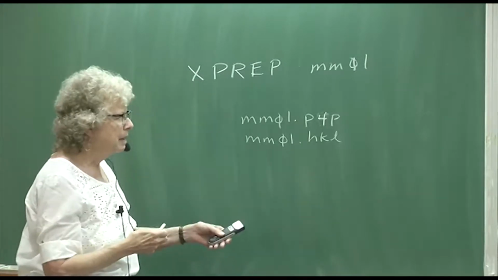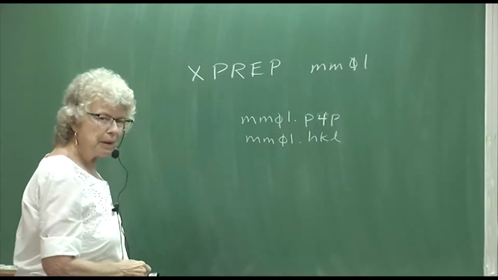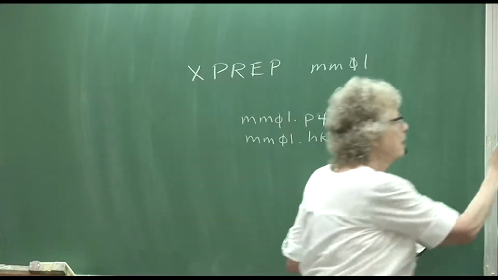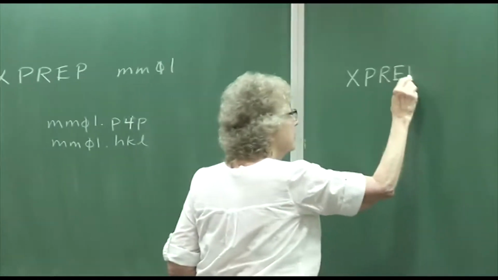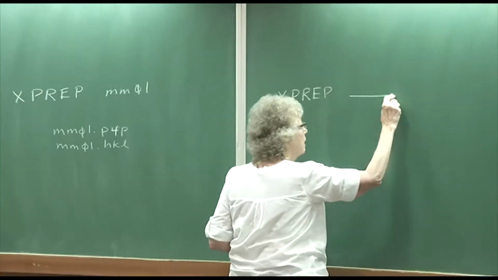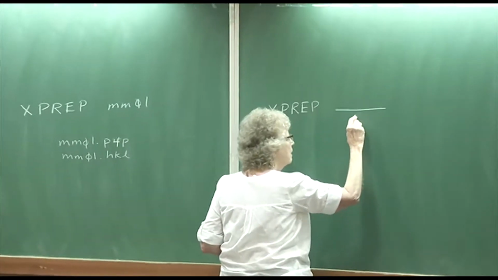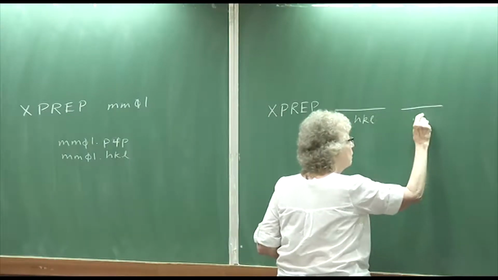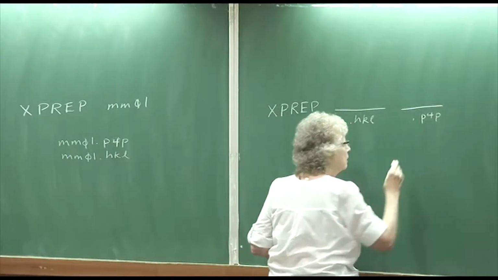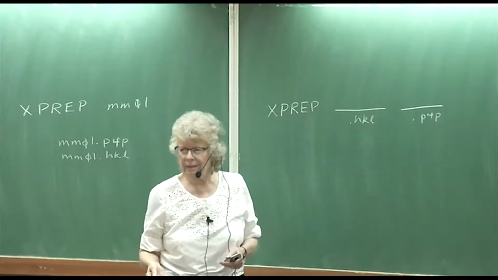But if they have different names, okay with that? You have an option of doing it this way. In the first file name, you want to put in the name of the HKL file, and in the second one, the name of the P4P file. But you don't need to write the file extension.